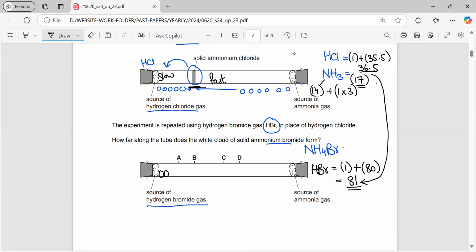And the ammonia particles will move really fast, so the possibility is they both meet at point A, because HBr is much slower compared to hydrogen chloride. So if with hydrogen chloride the cloud forms over here at point B, then with hydrogen bromide particles being slower, the cloud will form at A.